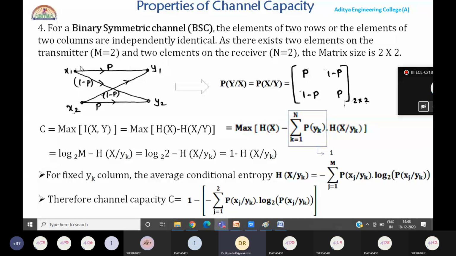This model of representation of a channel is generally called a binary symmetric channel. Binary represents two elements on transmitter and two elements on receiver, and symmetric represents that the elements of the corresponding two rows or two columns are independently identical.